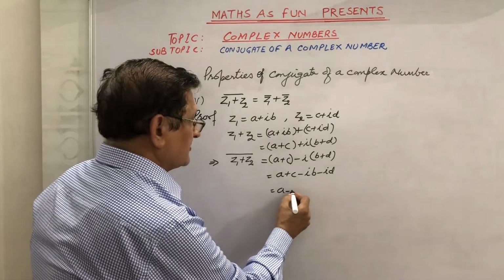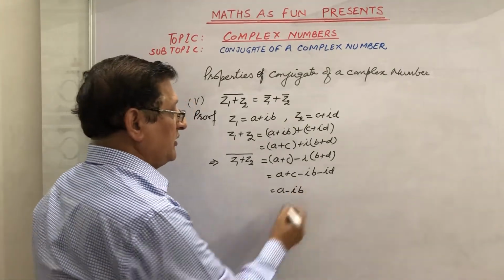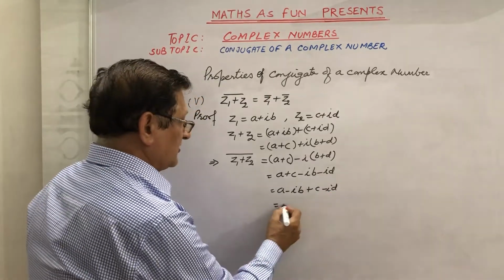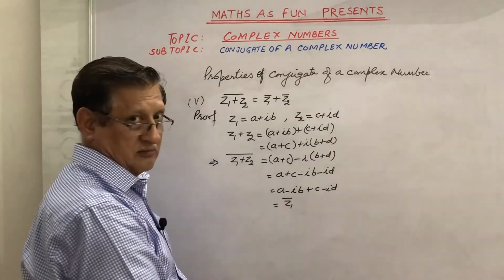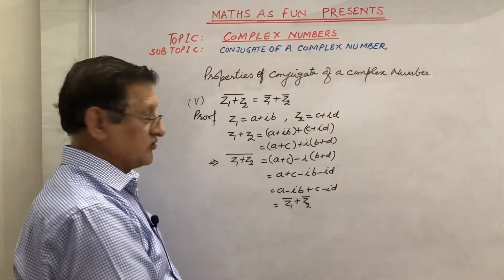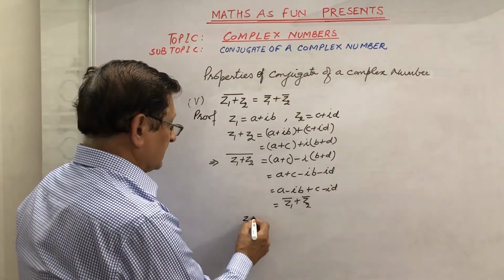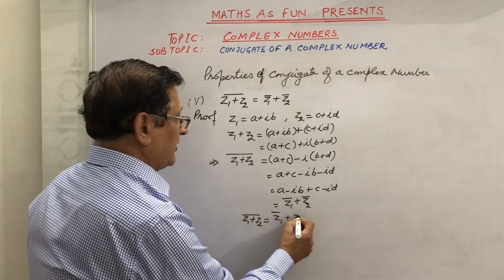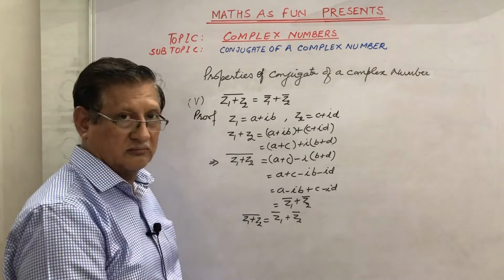May I also write this as a minus iota b plus c minus iota d? And we know this is z1 bar, and that is z2 bar. So we have the conclusion that the conjugate of z1 plus z2 is equal to z1 bar plus z2 bar.